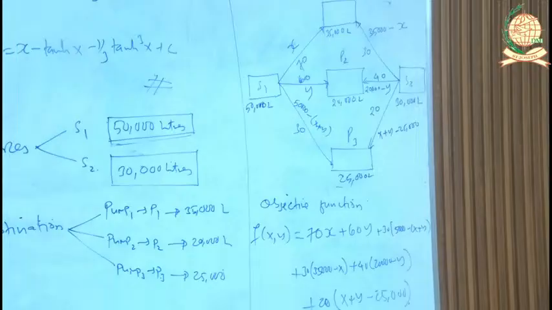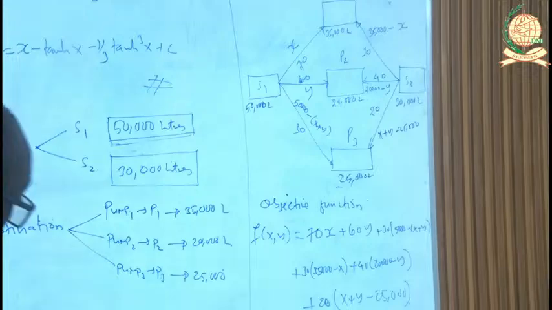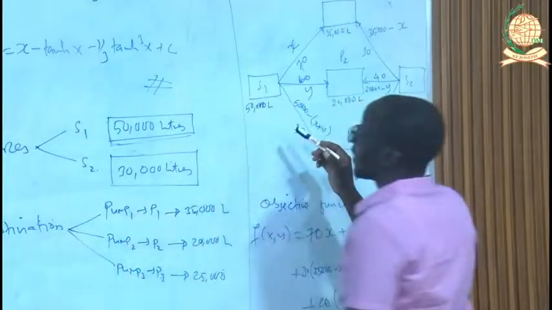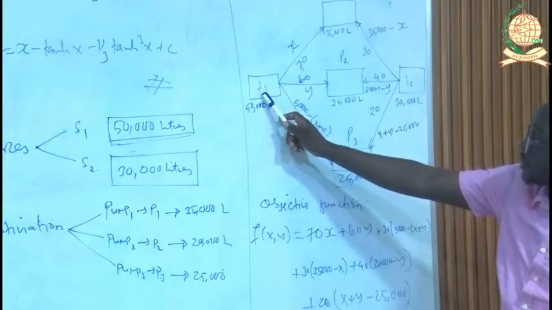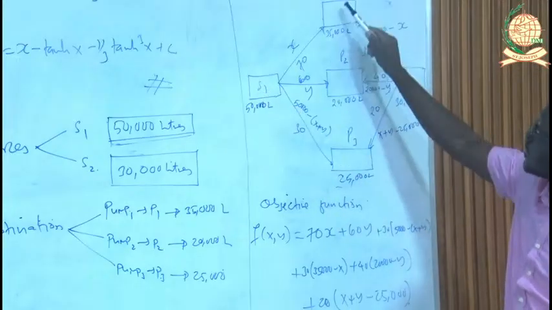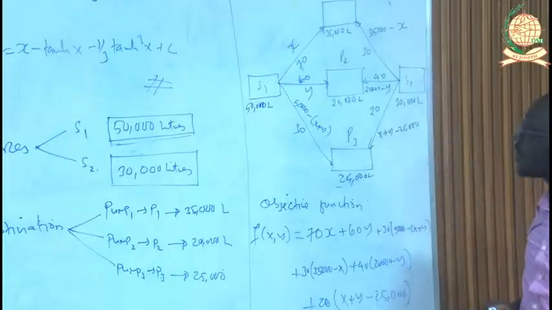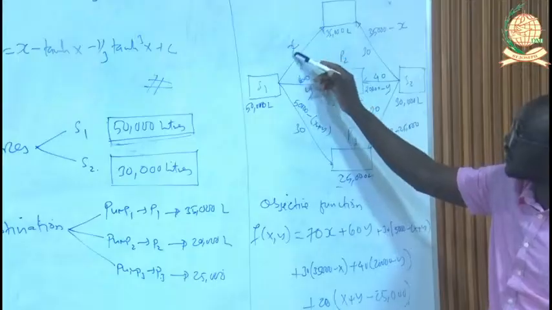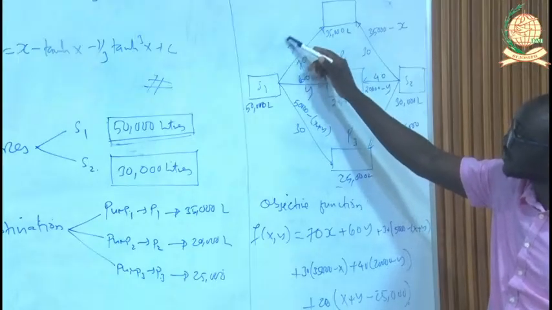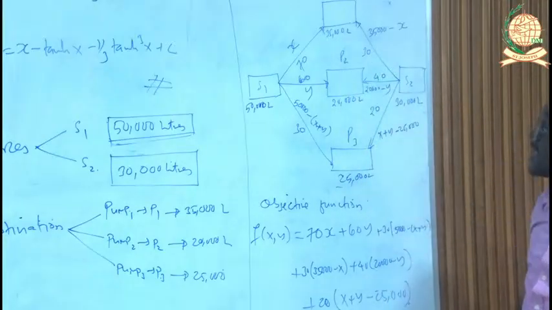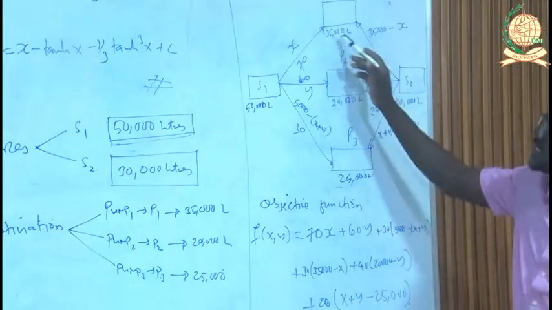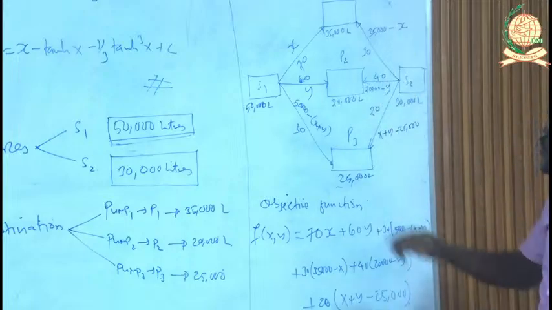So there is something here that you need to know. You have to write the constraints of your problem. This P1 here is the pump which takes water from S1. I told you that this P1 can't hold more than 35,000. So this volume x, this amount of liters from S1, should never ever exceed 35,000, so it is always less than or equal to this amount.